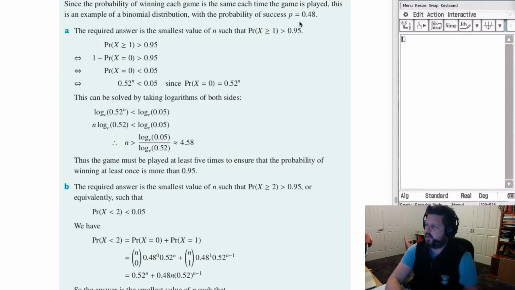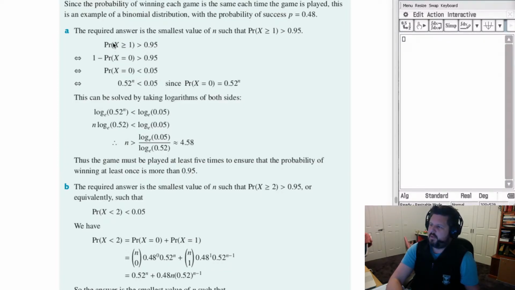and that will come in useful to make the calculations a little bit simpler. So the first part was asking for the smallest value of n such that the probability of x being greater than or equal to 1 (at least one win) was greater than 95%, or 0.95. So writing this out, we've got the probability of x being greater than or equal to 1, and that being greater than 0.95.